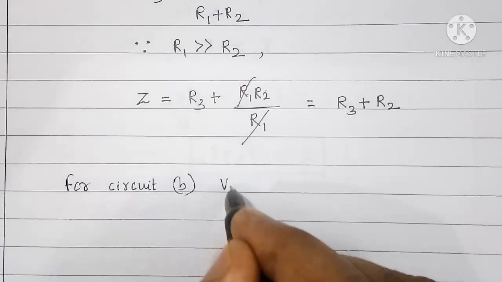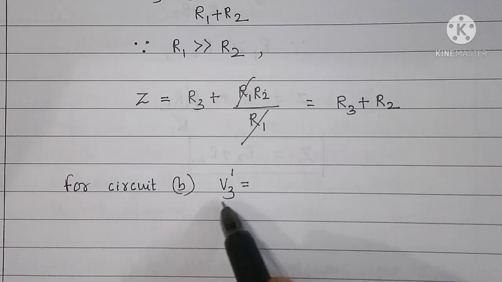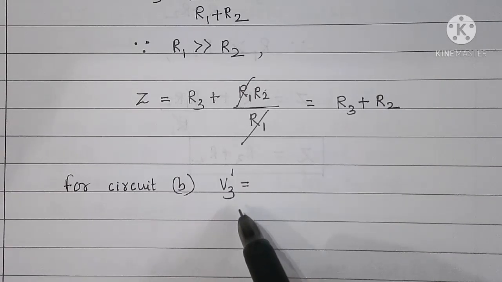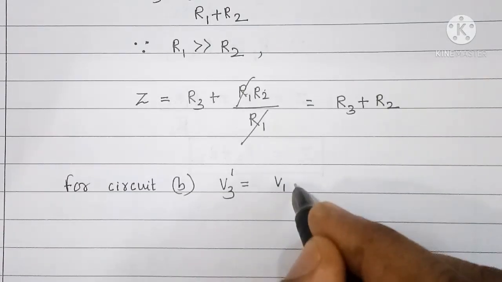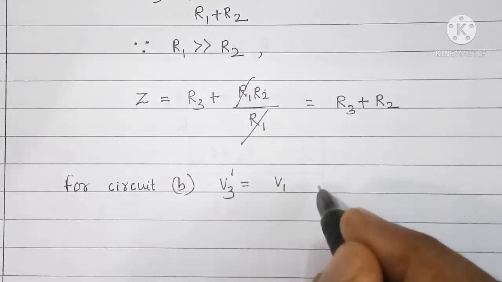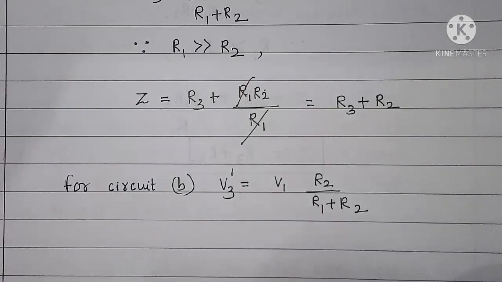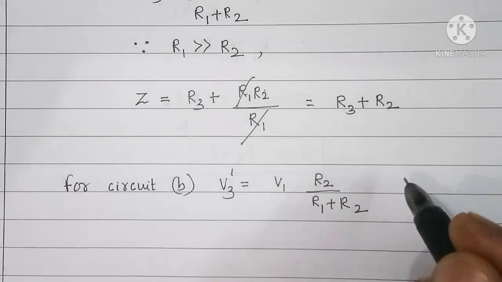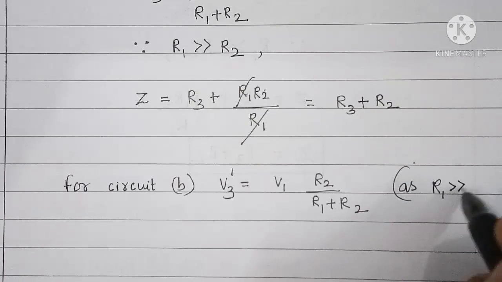For circuit B, V3 dash, that means CRO terminal voltage is equal to V1 into R2 divided by R1 plus R2, as R1 is much larger than R2.